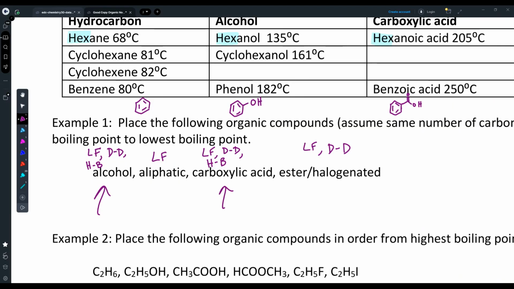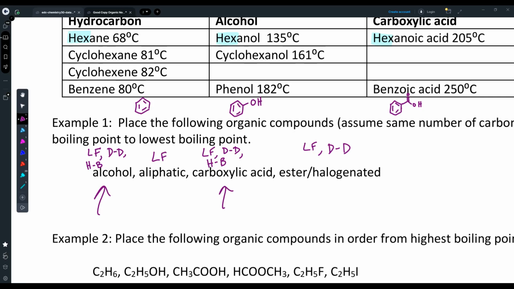Okay. So if you're comparing two compounds, you can do it a couple of different ways. One is if your compound is more polar, it'll have the higher boiling point because that will lead to stronger dipole-dipole attractions. Or you could also consider that the larger the molecule, the higher the London forces, therefore the more intermolecular forces.